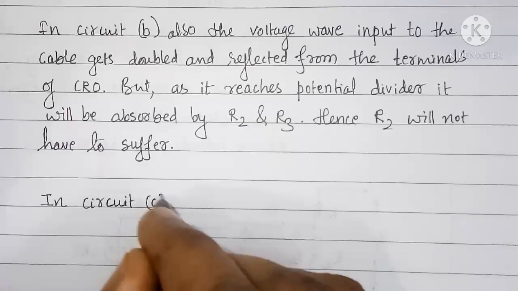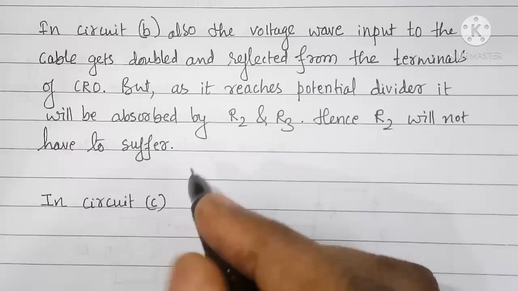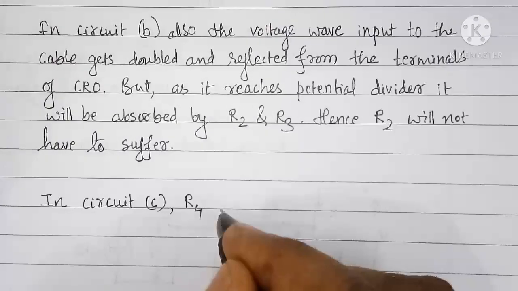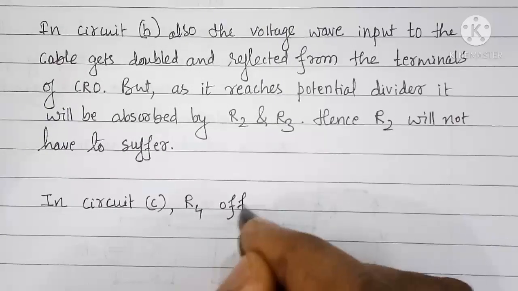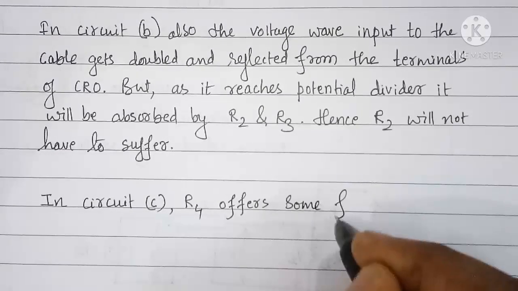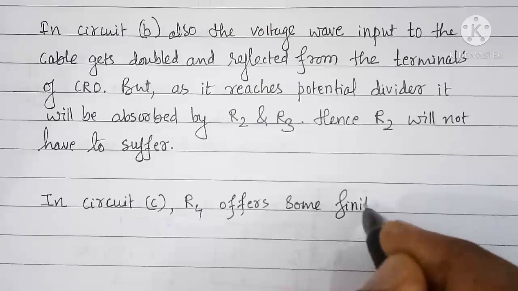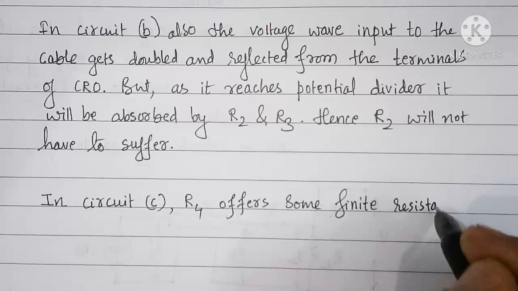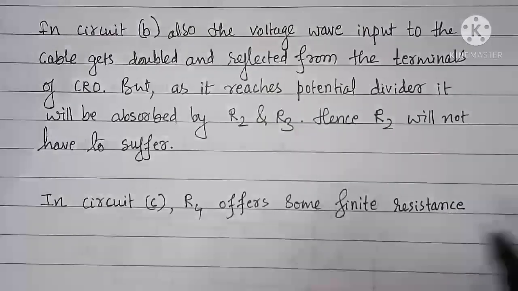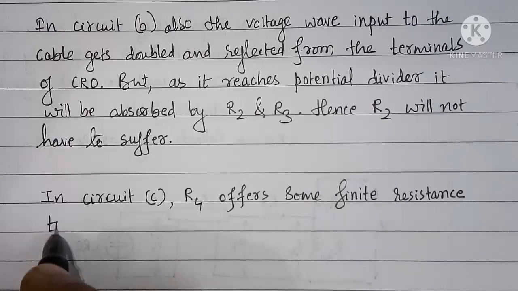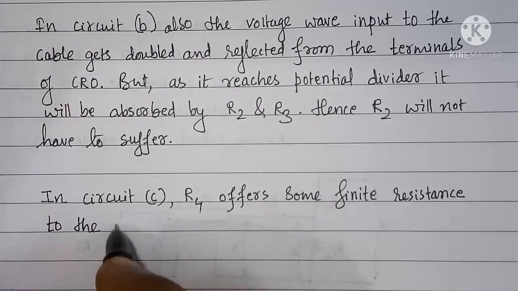In circuit C, R4 offers some finite resistance, we can also call it as impedance, to the voltage wave.